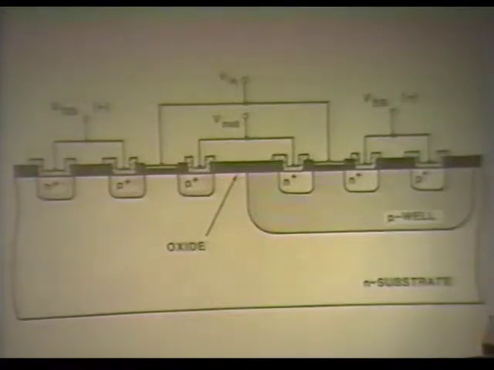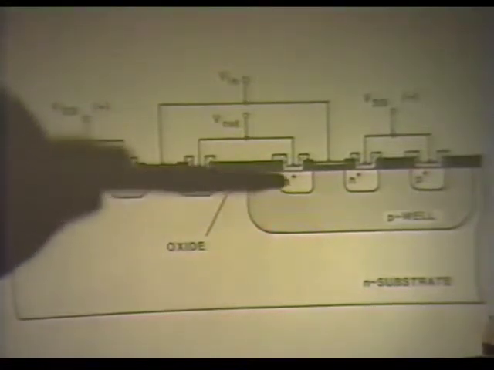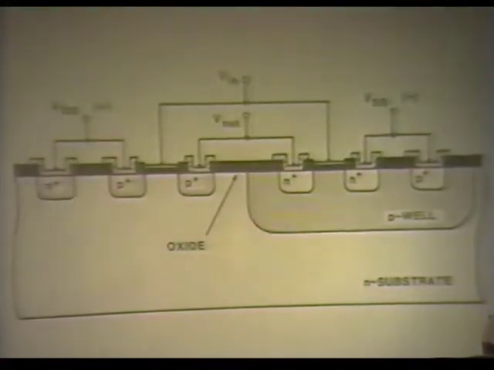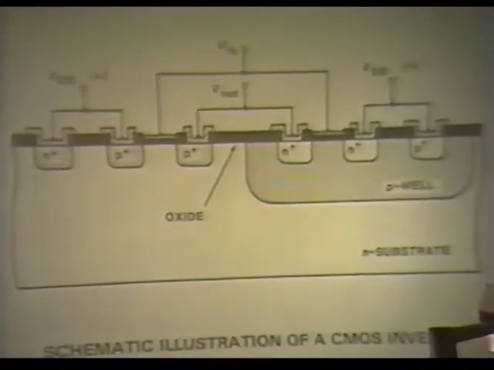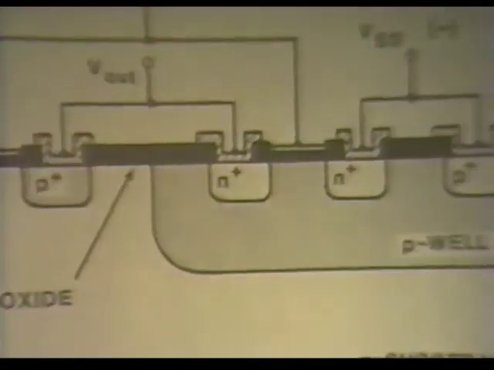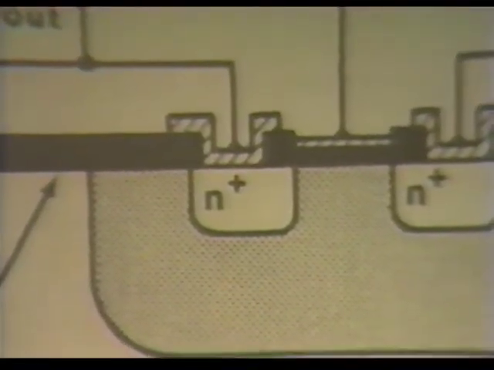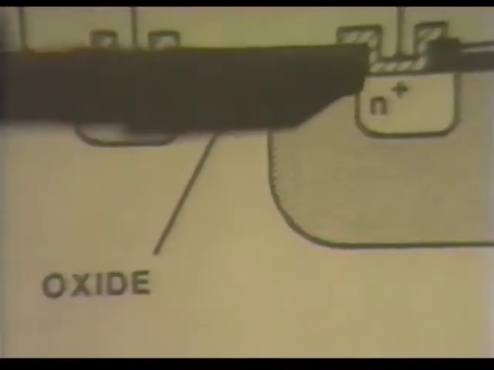Don't you see an NPN transistor? Sure you do. Look right here. That's a perfectly good vertical NPN transistor. Do you see any more? Sure. Right here you see a PNP.